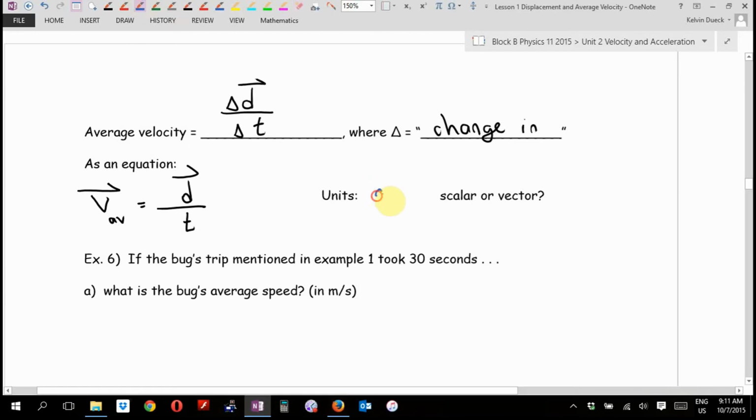Units, also meters per second. Scalar or vector? I wish there was some easy way, Mr. Dueck, that I could remember that velocity is a vector. Mr. Dueck, is there an easy way that I could remember that velocity is a vector? I got nothing. I'm a lousy physics teacher. Sorry, can't help you.